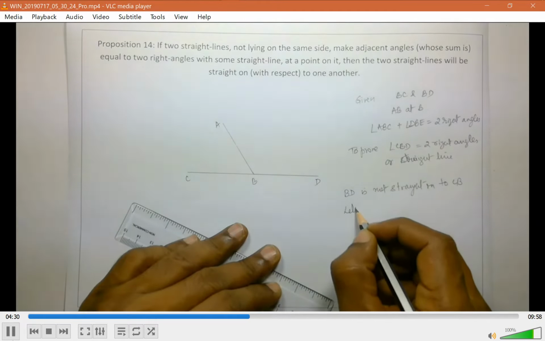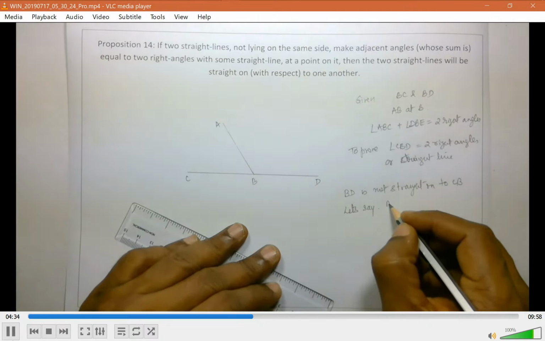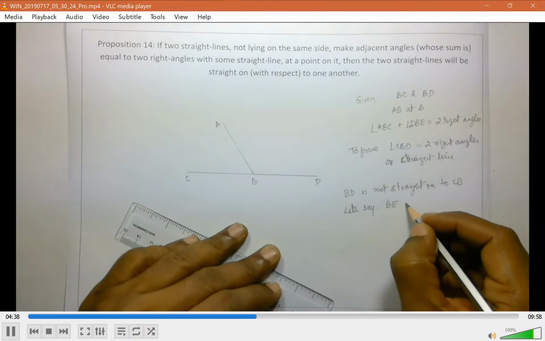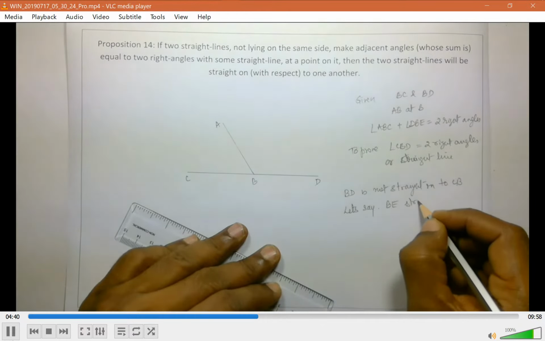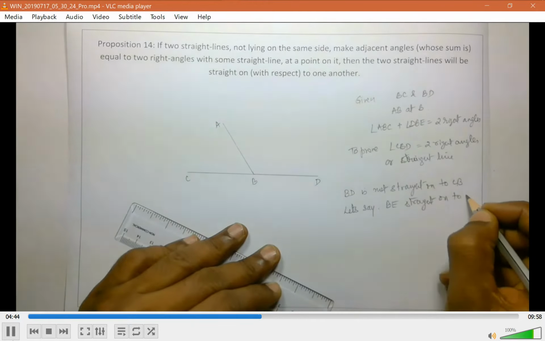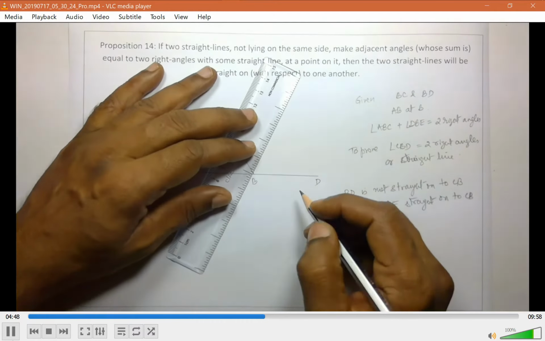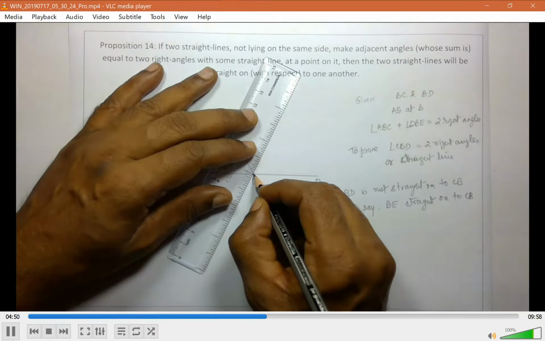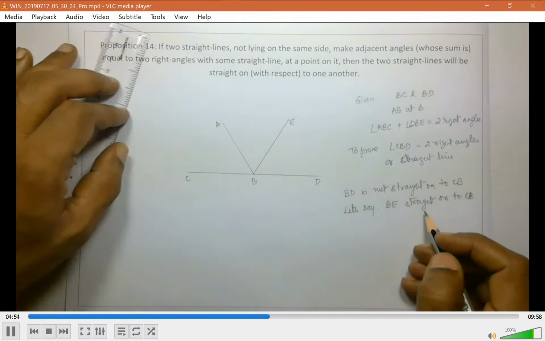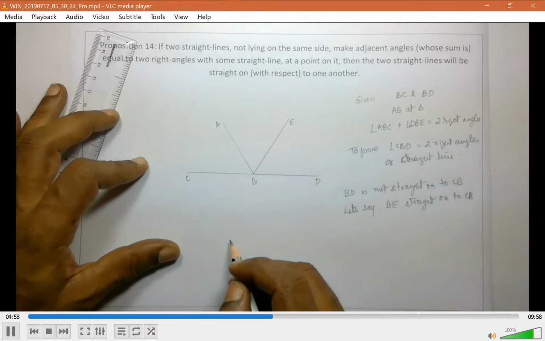Let's say another line BE is there, which is straight on to CB.